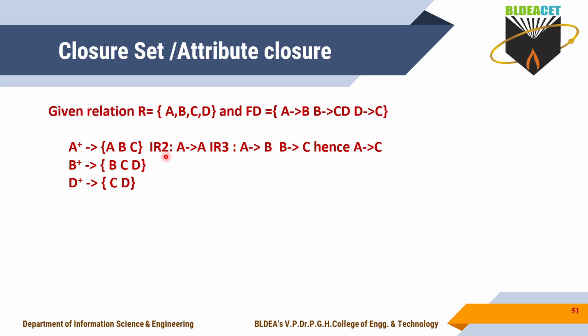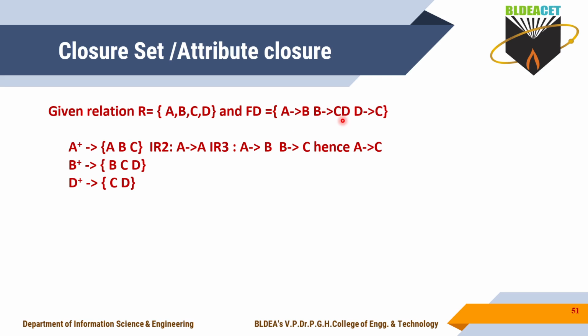As we know, here I'm using the inference rules, first the reflexive rule. In the reflexive rule, A determines A, it doesn't make any difference. A is dependent on A only. That's why here I'm taking A also as functionally dependent on A itself. Next, this is your given functional dependency set: A determines B and B determines CD.